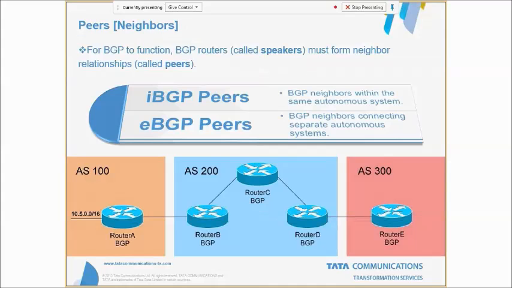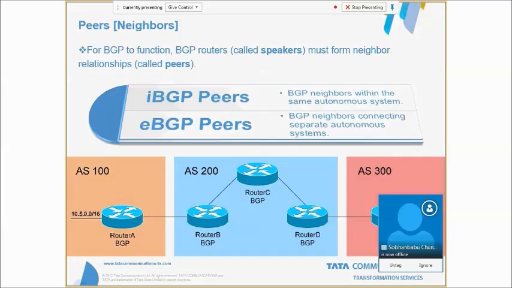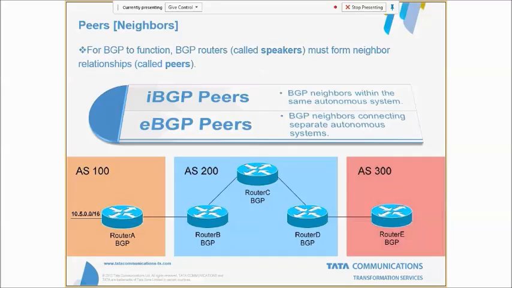So let's talk about IBGP and EBGP. Routers which are configured under BGP, also known as speakers, form neighbor relationships and are termed peers. There are 2 types of peers, which are IBGP and EBGP. If the peers are from the same autonomous system, they form IBGP peers, and if they are from different autonomous systems, they form EBGP peers.